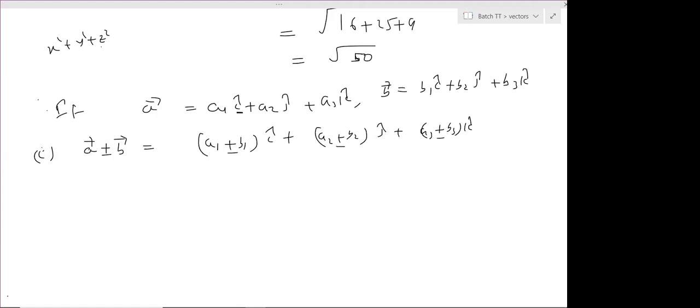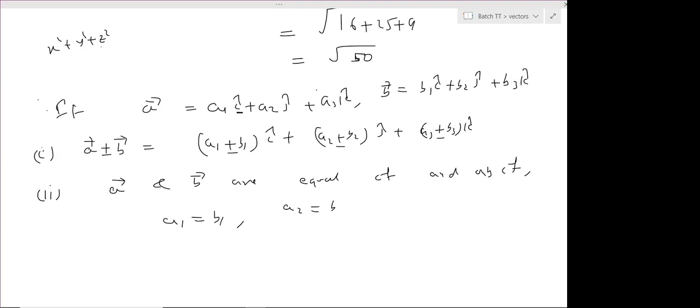All right. Just add or subtract the coefficients of i, j and k. You will get the answer. Second, A and B are equal if and only if a1 is equal to b1, a2 is equal to b2, a3 equals to b3.